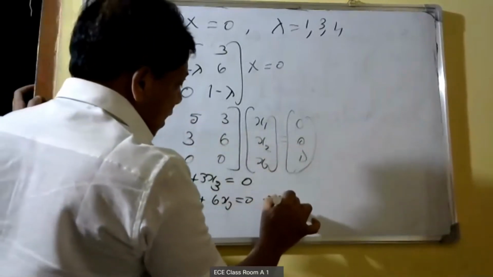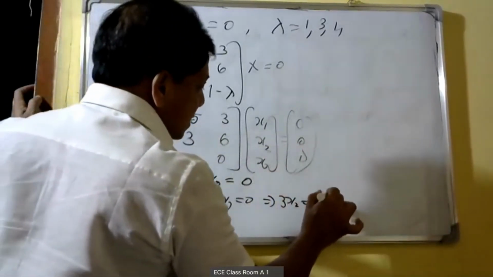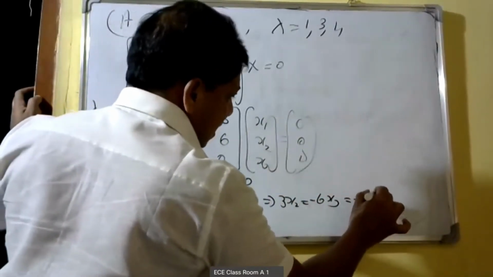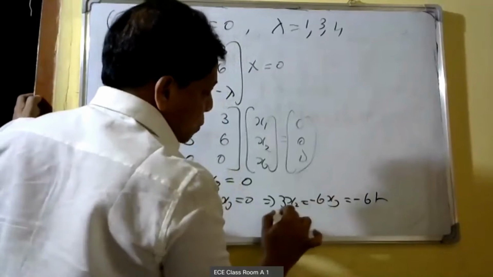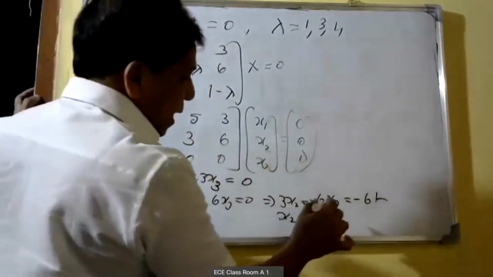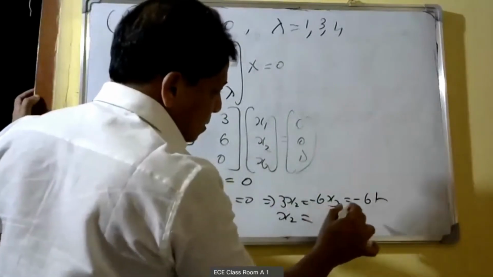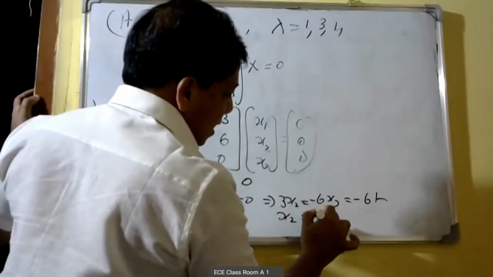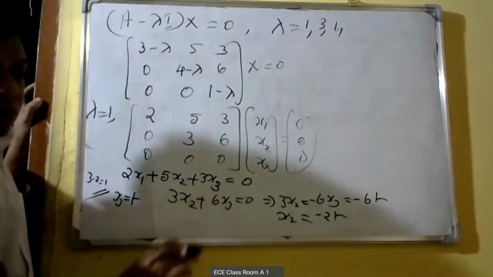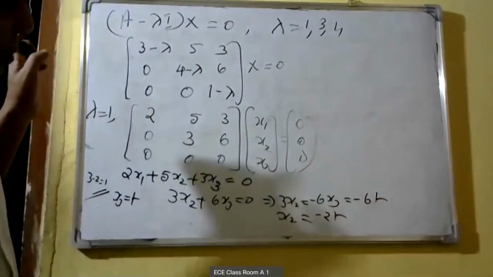Therefore 3x2 is equal to minus 6x3, that is minus 6t. Therefore x2 is equal to minus 6 by 3, that is minus 2t.